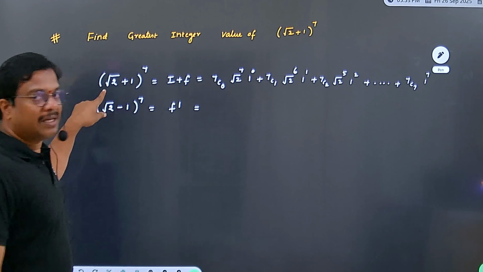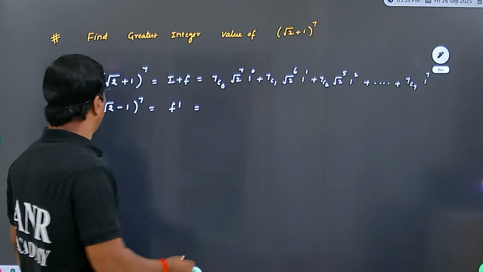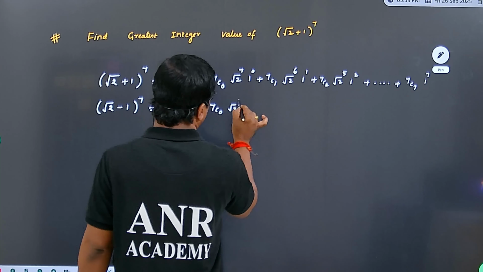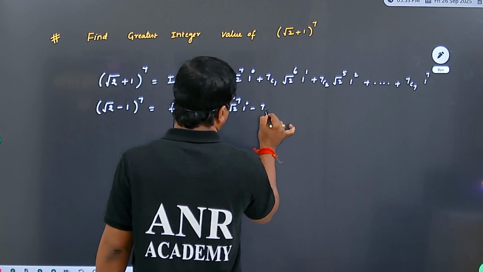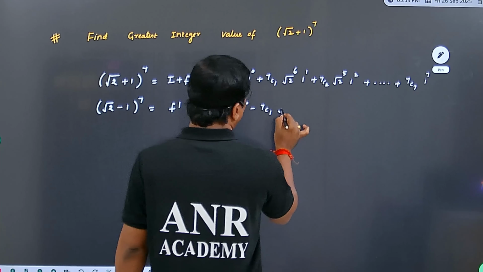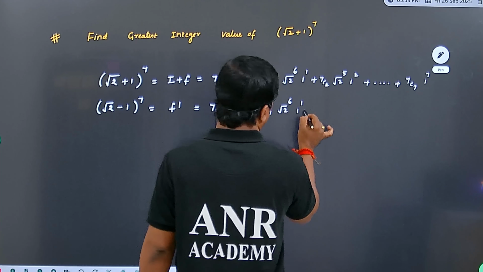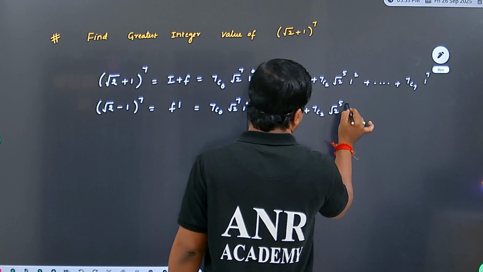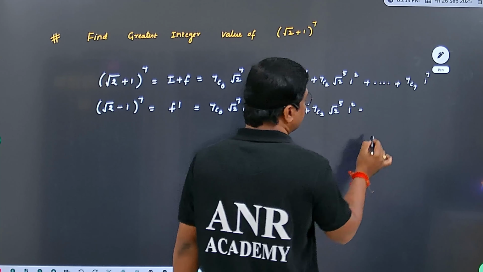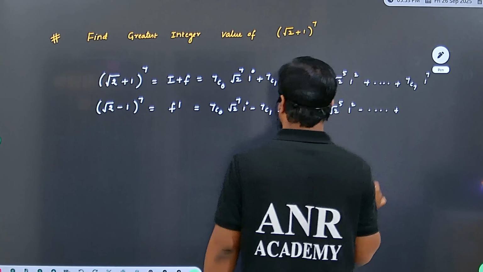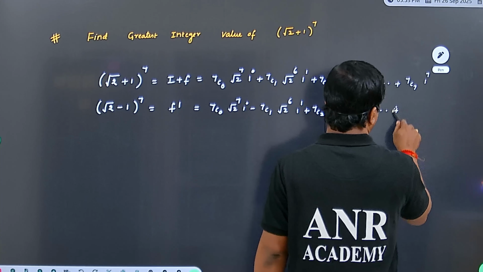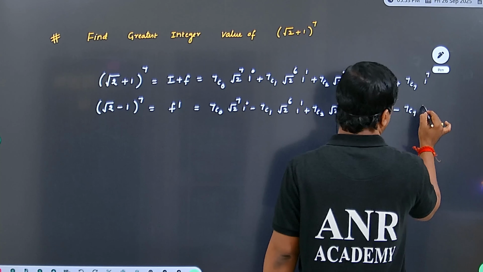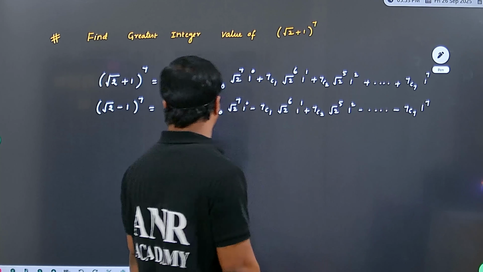Next, using binomial theorem, the next expansion is with alternate plus minus symbols. Here you get a minus sign, root 2 whole power 6 1 power 1. Next plus sign 7c2 root 2 power 5 1 square. Next minus sign, and so on. Here the last term gives a negative sign, 7c7 into 1 power 7.